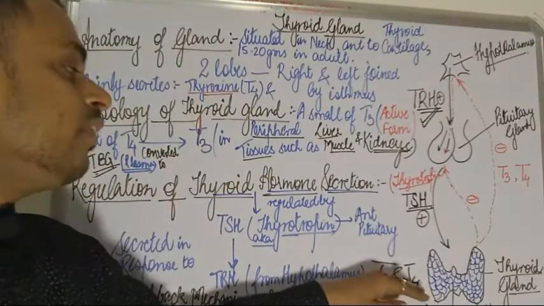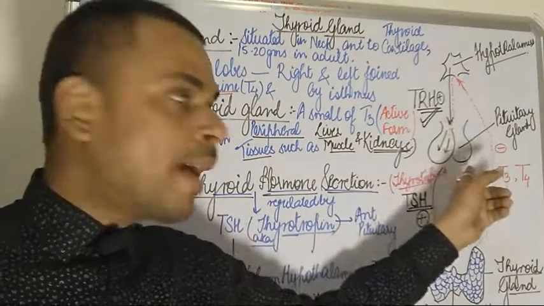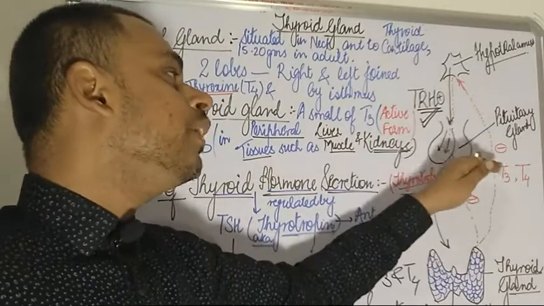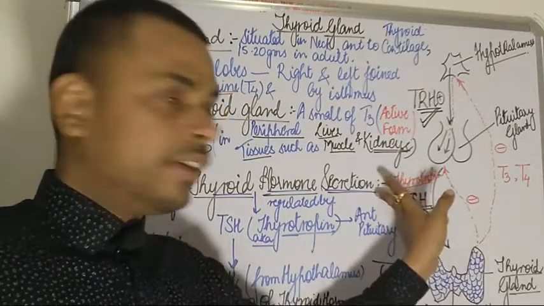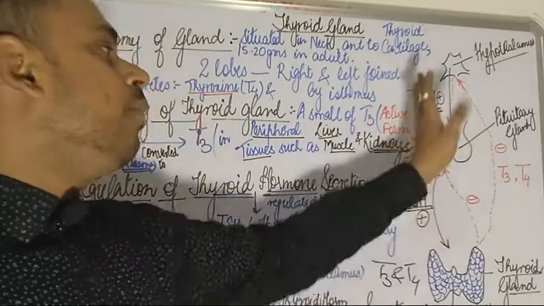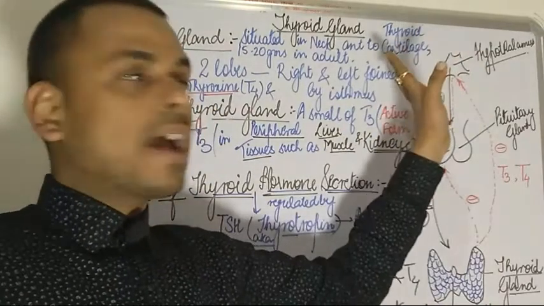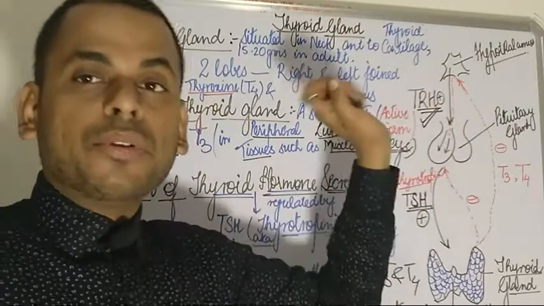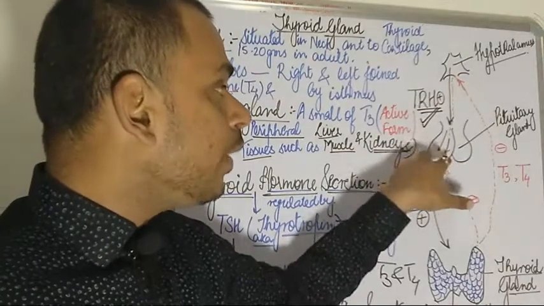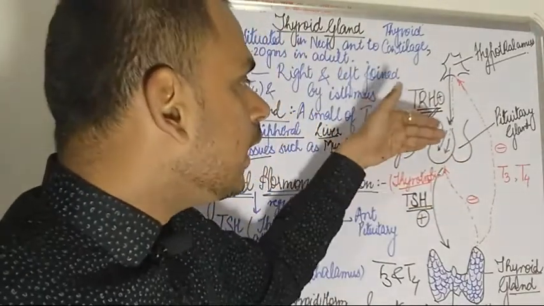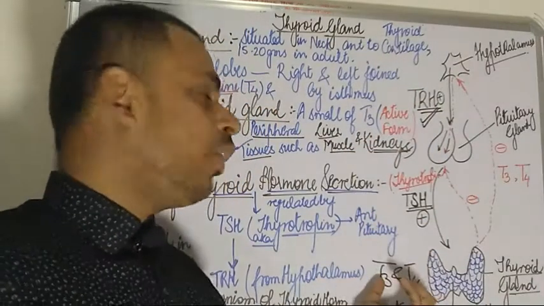Whenever the levels of T3 and T4 get lowered, that again leads to a negative feedback mechanism, and the anterior pituitary secretes more TSH. If the TSH is low, the hypothalamus again sends the negative feedback signal, so that the thyrotropin releasing hormone is released more by the hypothalamus, which signals the anterior pituitary to release more TSH to maintain the constant level of T3 and T4.